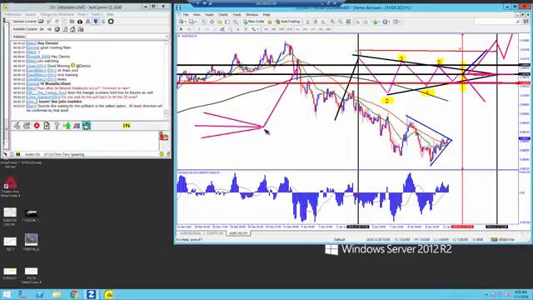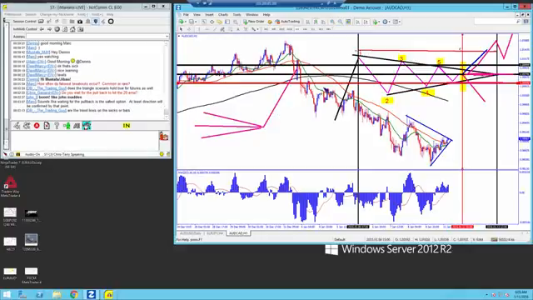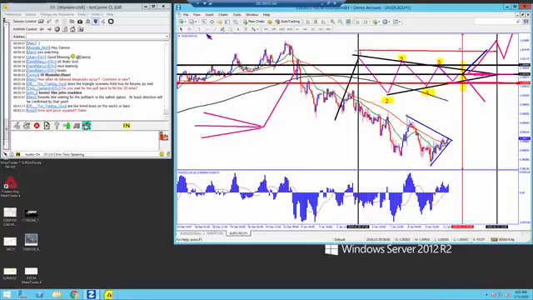Now, a lot of people try to look at measured moves off of a triangle. But when you're coming out of a sideways line, a consolidation, when they break out, your job is not to sit there and go, well, let me get out.